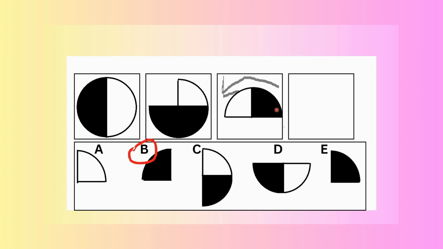But we don't want a repetition of that one, we want a new one. It should be the same shape as the white one, which is B. That is the complete form of this puzzle. So if it doesn't make sense, just pause the video and have a look until it makes sense for you.